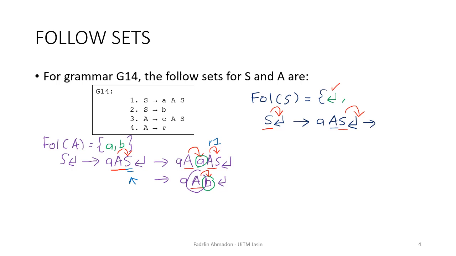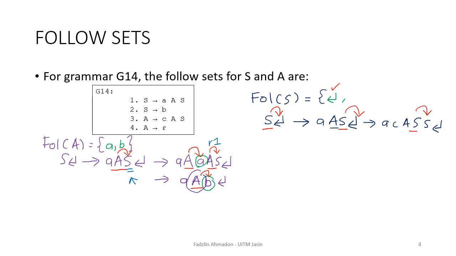Now, I'm going to continue the derivation by replacing this A with the third rule. So it's going to be A C A S S end marker. In this derivation, this is our non-terminal, and right next to it is another non-terminal.